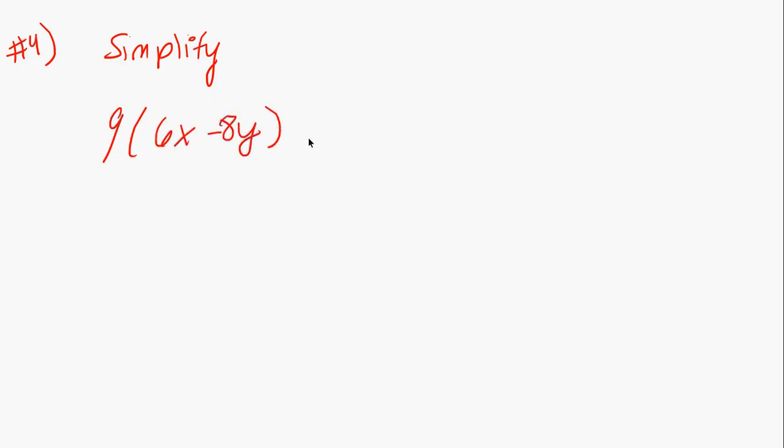All right, moving on to number 4. This one just says to simplify. And it says 9 parentheses 6x minus 8y minus 10x minus 7y.